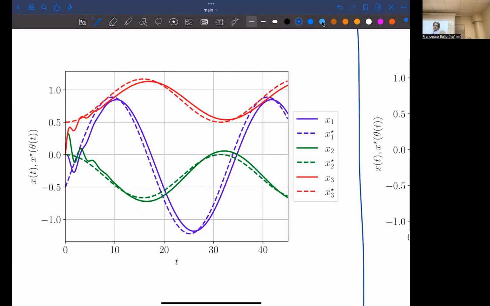That's the transient that is exponentially decaying with rate C. So you see it here. This is the transient in the red curve, in the blue and the green curves. But then after that, you will see that the solid curves in red, blue and green are tracking the dashed curves, which are the equilibrium trajectories.